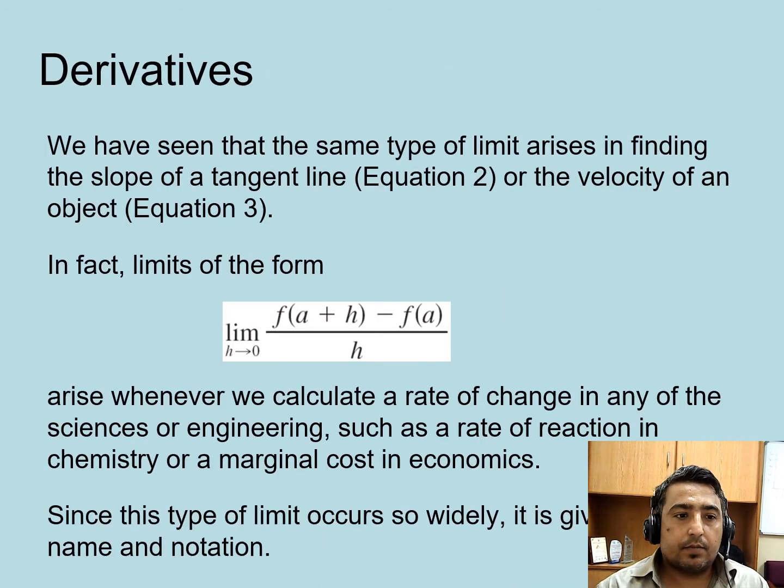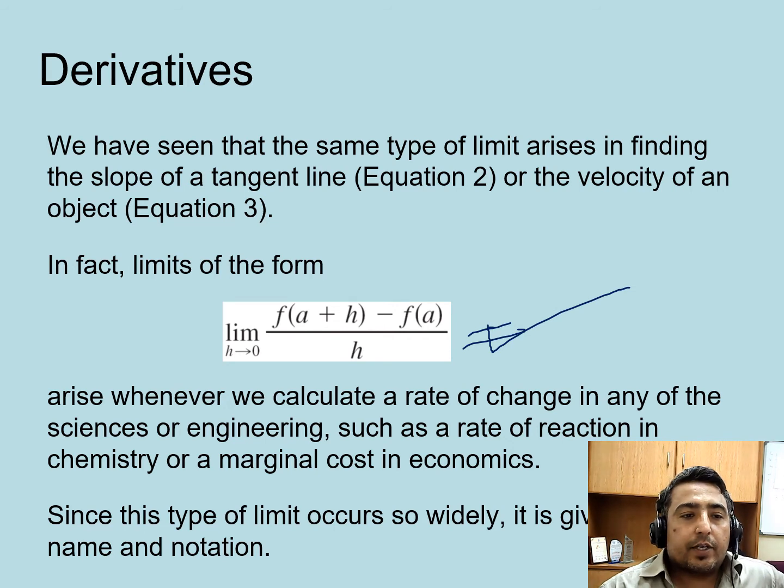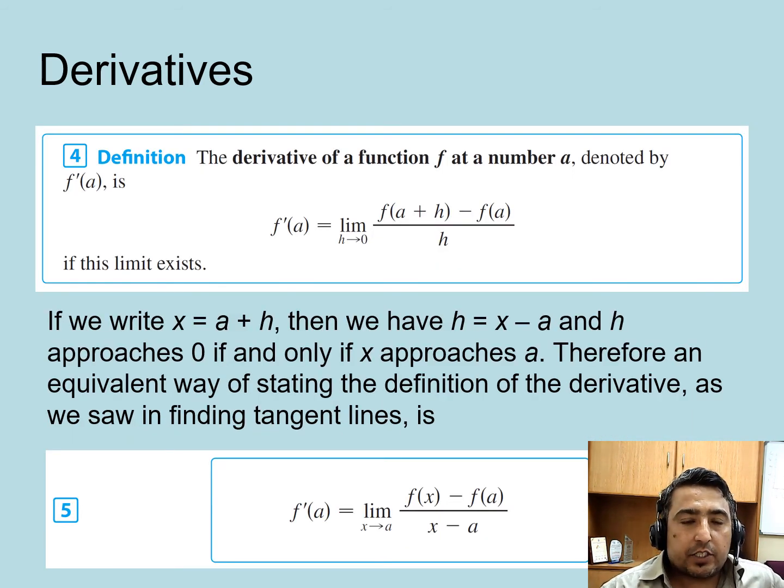And the next is the derivative. From these two concepts, these two limit problems, we derive this derivative formula. Now this is called the derivative of function f at a particular point a. There are different types of notations.